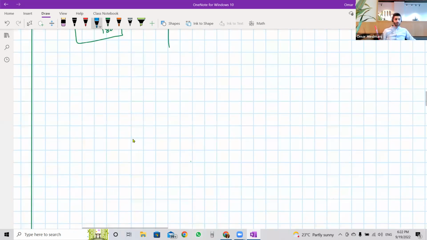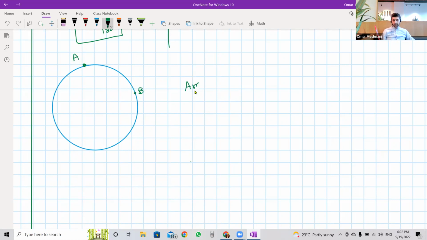Right now, before starting the concept, I need to say that in arcs, for example arc AB, sometimes you will calculate the measurement of the arc, and sometimes you calculate the length of the arc.